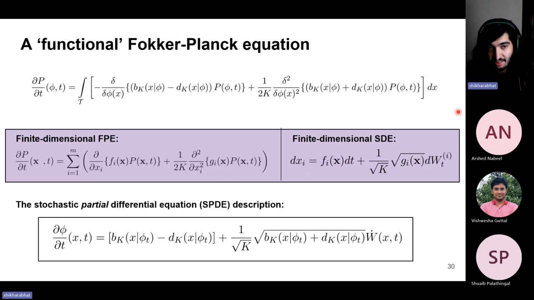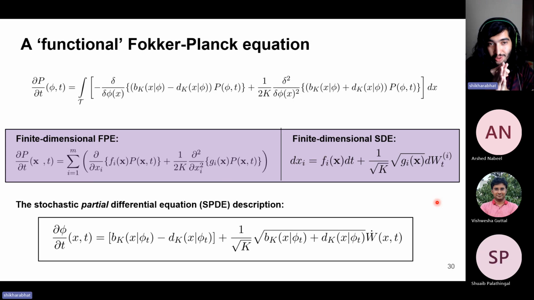What this means is that it is a stochastic partial differential equation, or an SPDE, and the SPDE is exactly what you would expect. Here's a drift term bk minus dk, and there is now a square root here, so it's 1 by root k times square root of bk plus dk times something, and I will explain what this something is in a slide or so.